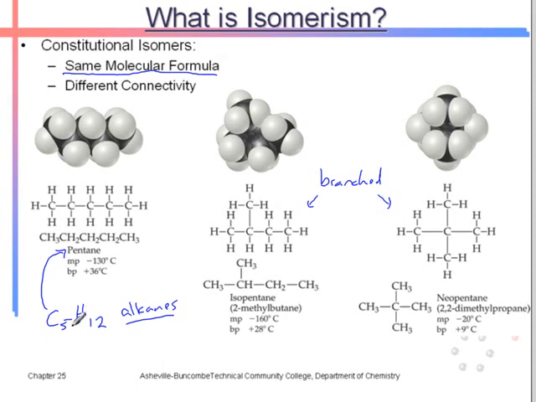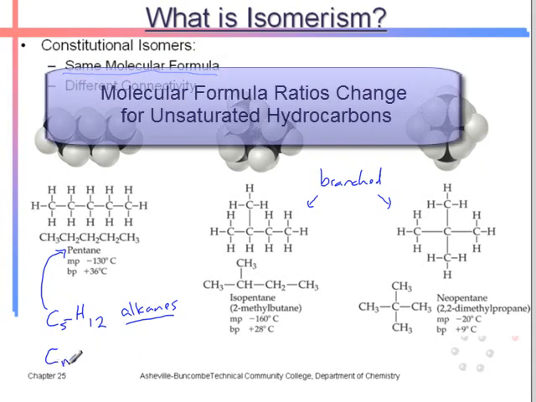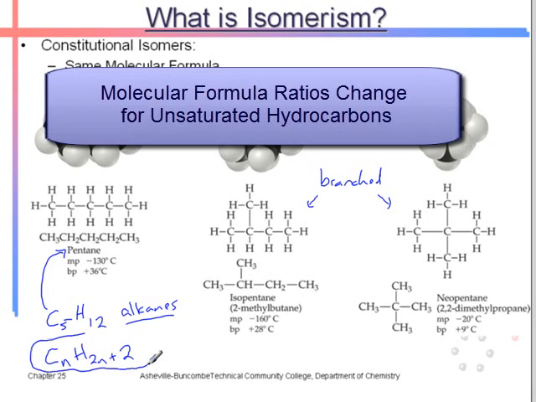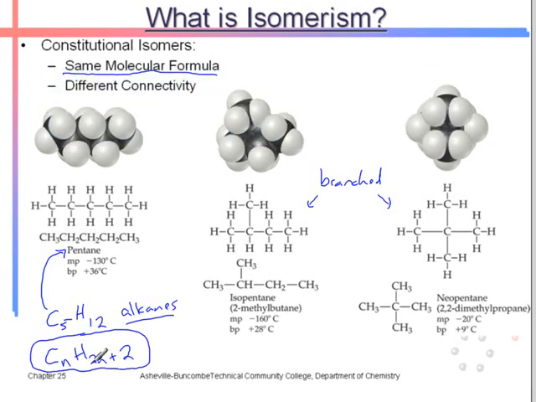But just a little comment about the molecular formulas for the alkanes. I'm going to give you a ratio here that is useful. If you need to be able to identify whether a molecular formula is an alkane or not, an alkane always follows this particular ratio of carbons to hydrogen.